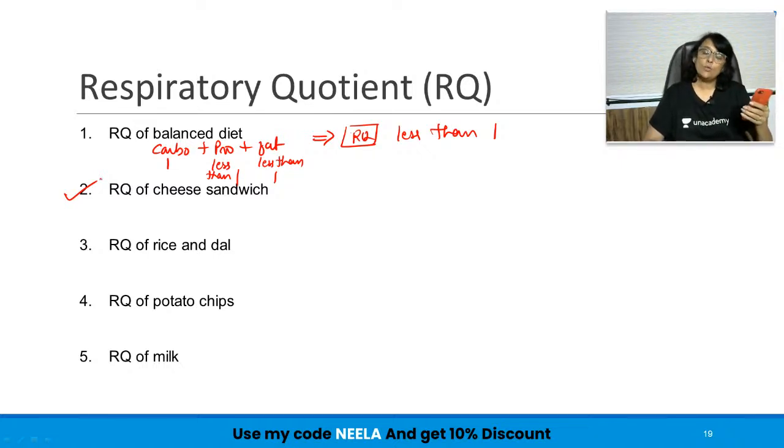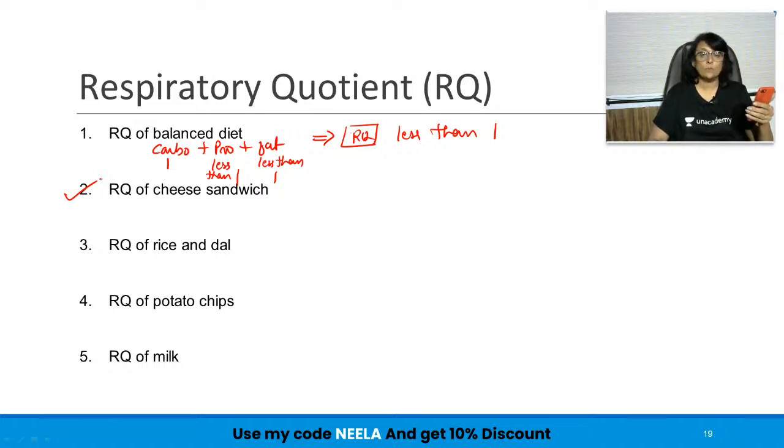What will be the RQ of that substance, that cheese sandwich? 1, more than 1, or less than 1? RQ of cheese sandwich. What will be the RQ?